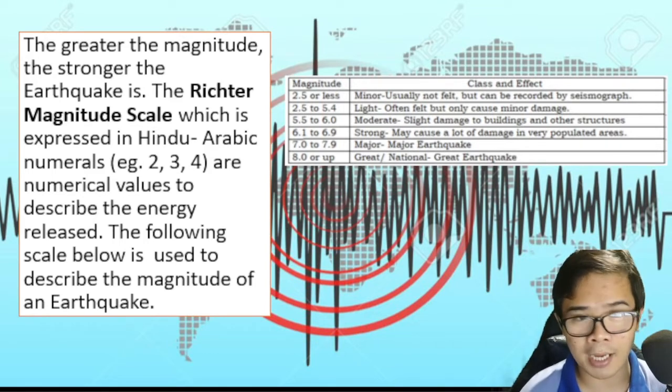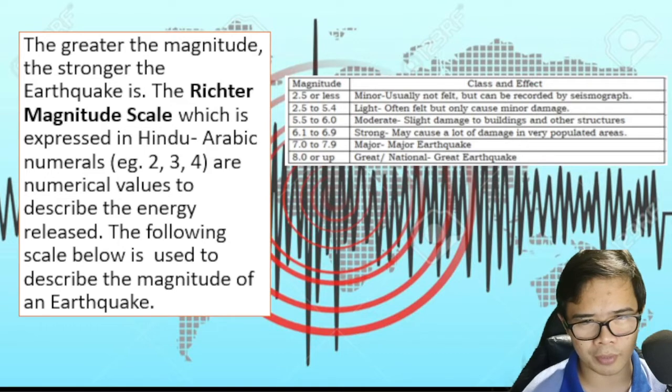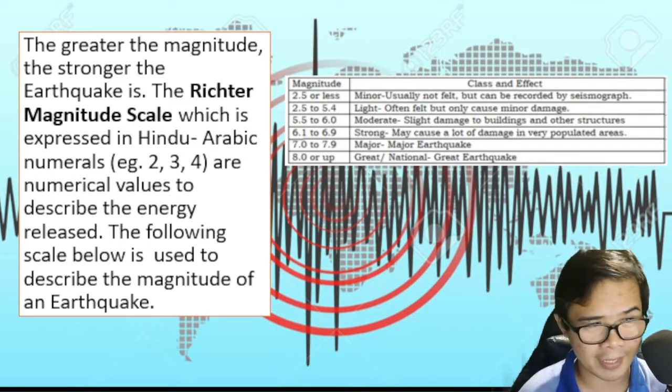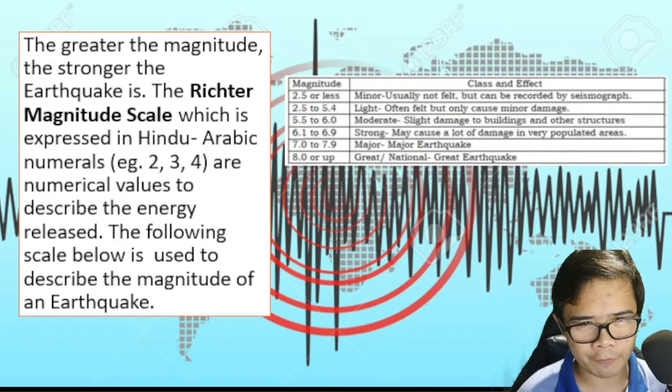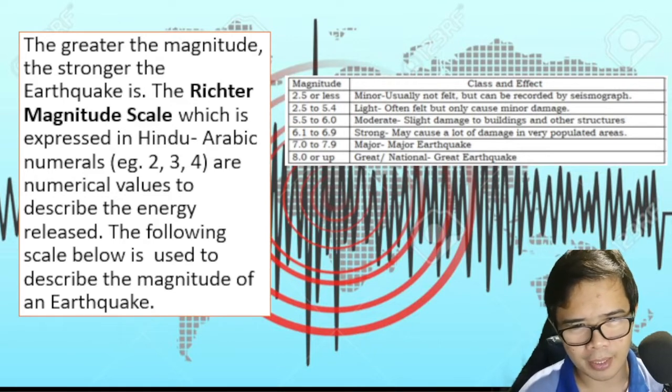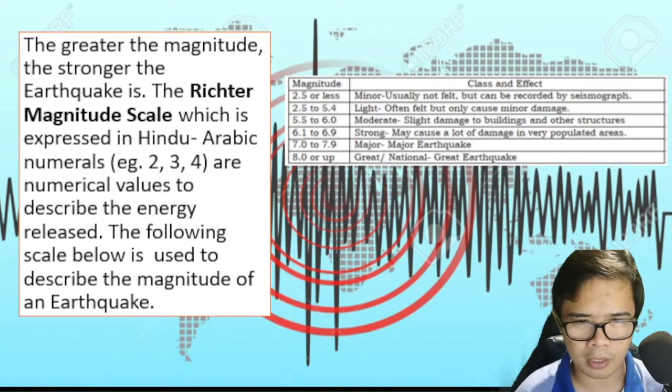So, from 1 to above. From 1 or so, we have 2.5 or less. Ito yung minor earthquake. We have 2.5 to 5.4, that is light earthquake. 5.5 to 6.0, that is moderate earthquake. Ay, sorry. Tama ni Mike. And of course, we have 6.1 to 6.9, which is the strong earthquake.